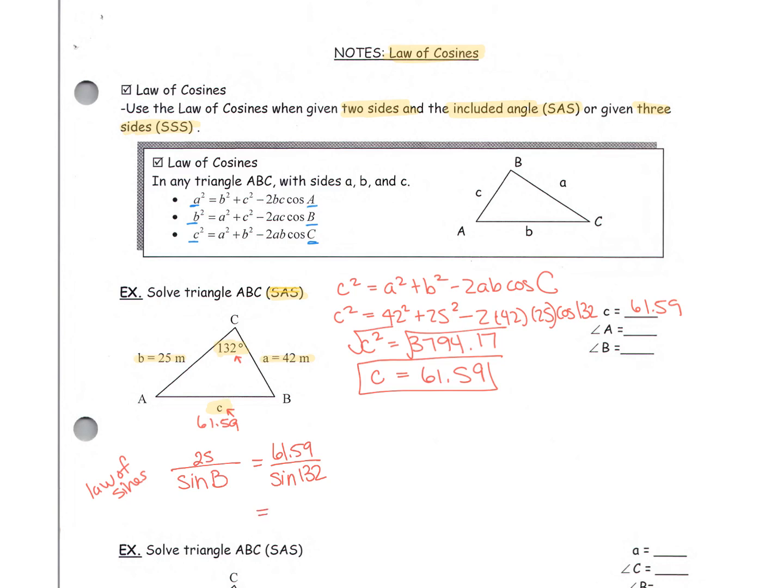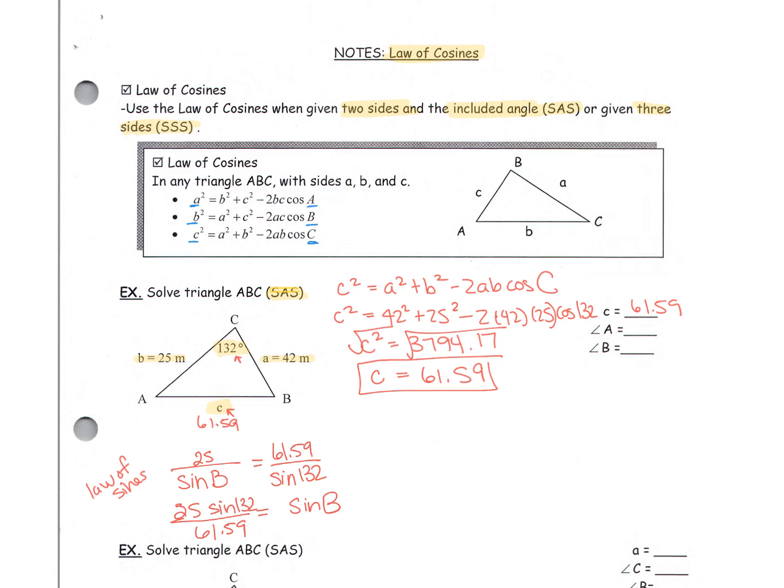But that sine B is in the denominator on the left side, so I'm going to multiply both sides by it so I can get sine B in the numerator. And that 25 is still in the numerator on the left side. I'm going to multiply that sine 132 up and out of the denominator to the other side, and I'm going to be dividing that 61.59 over. I normally just do all that work all at once.